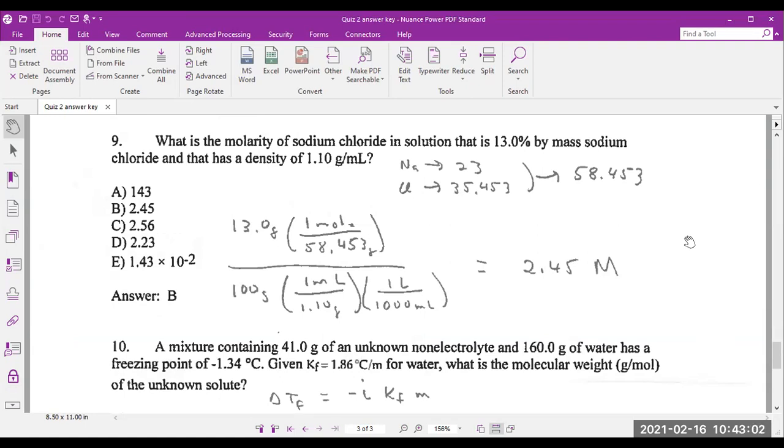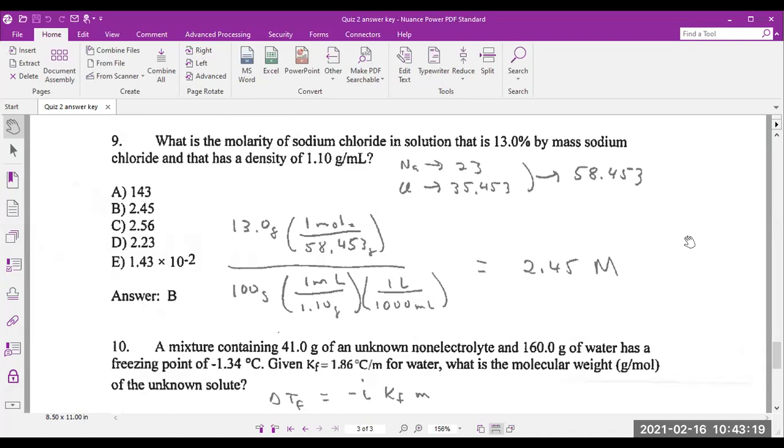If we have 13% by mass, we can say we have 13.0 grams of sodium chloride per 100 grams of solution.